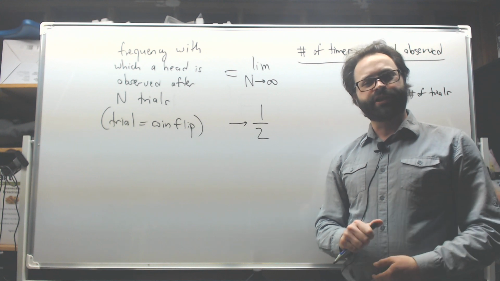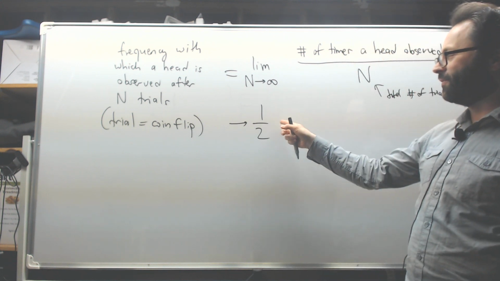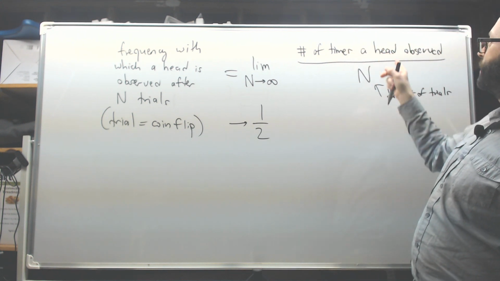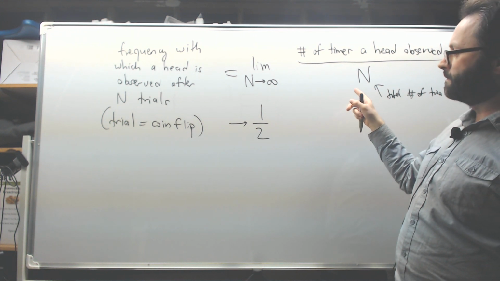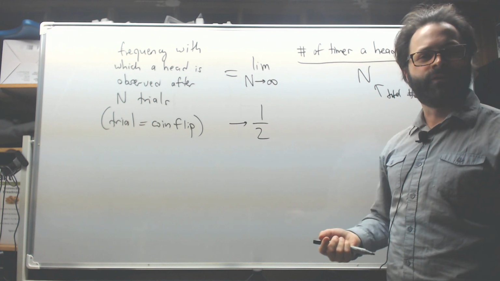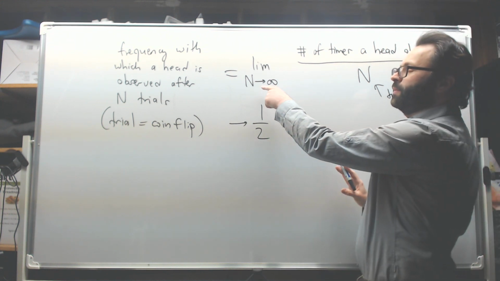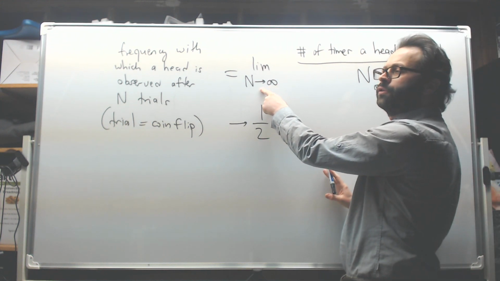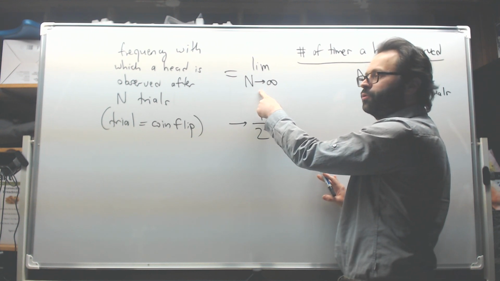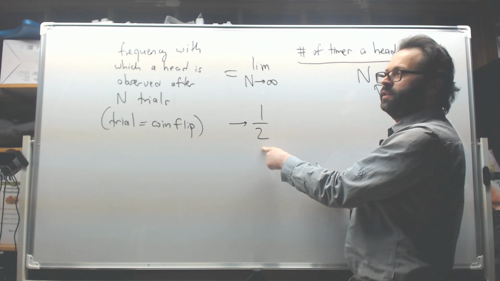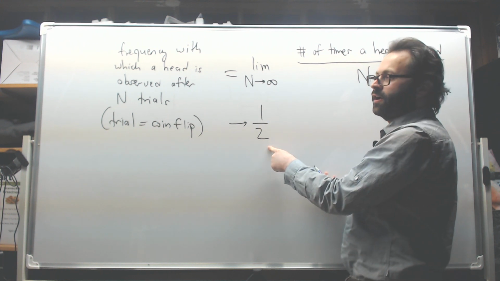And so you won't necessarily expect to find half of the heads in the total number of trials after a finite number of tosses. We really have to imagine that this is done over and over and over again, so this is really enormous. And only when this has become enormous, we find a number that in this limit approaches 1/2.